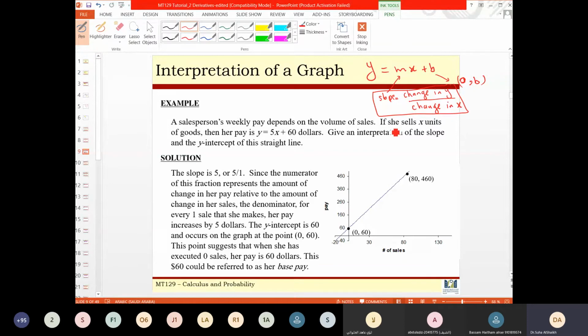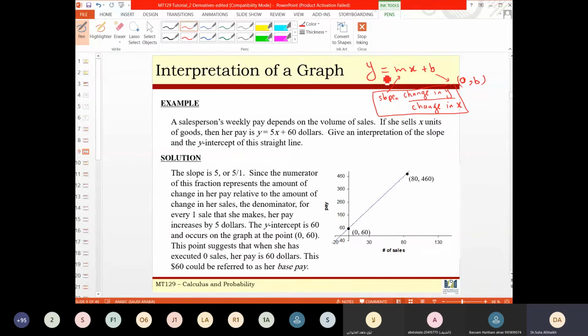And the slope gives me the rate of change of y with respect to x, meaning how much y changes divided by how much x changes. Okay, I can see Mariam wrote the equation but it is upside down. It should be (y2 - y1) over (x2 - x1), Mariam.